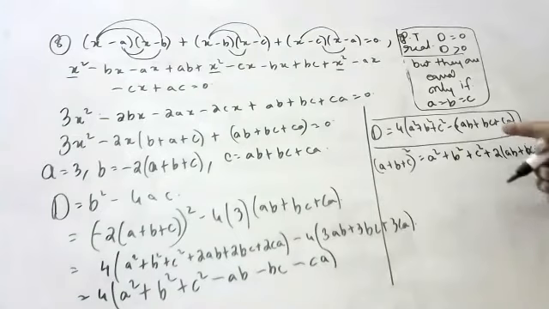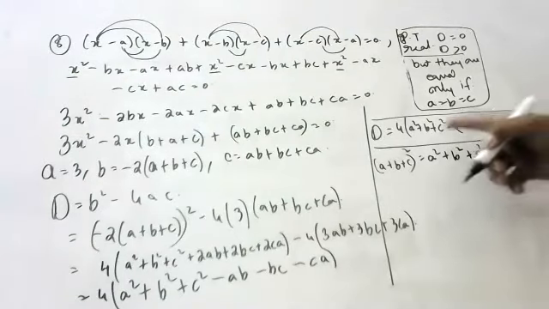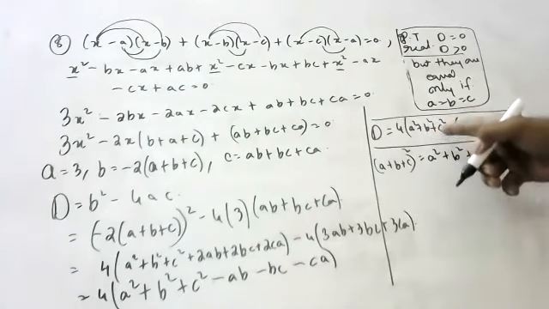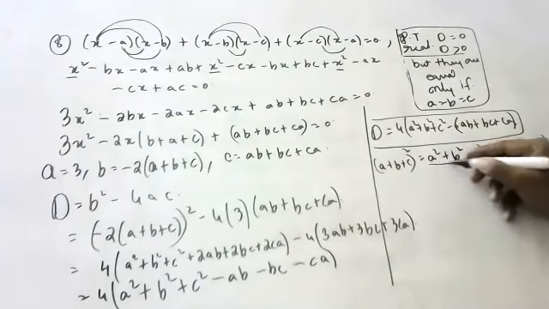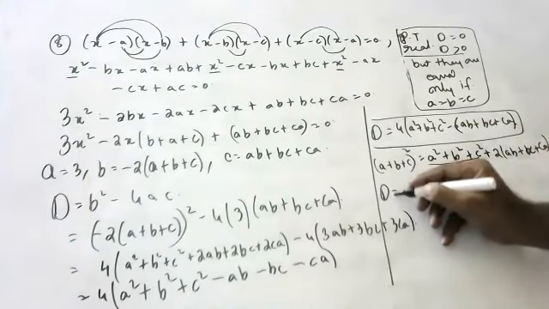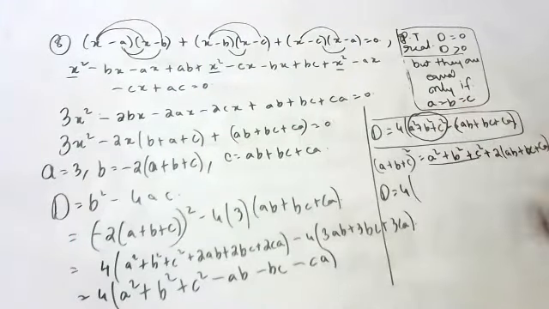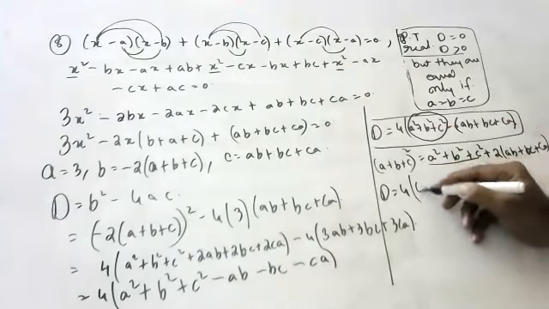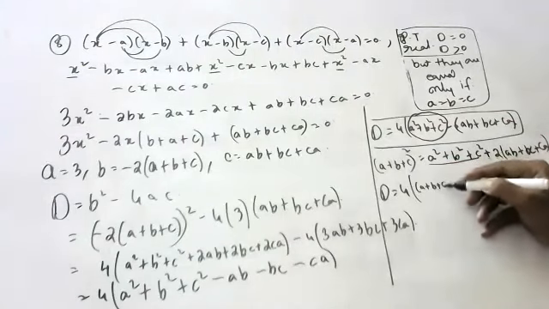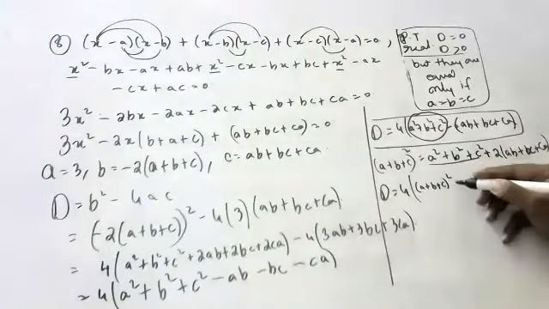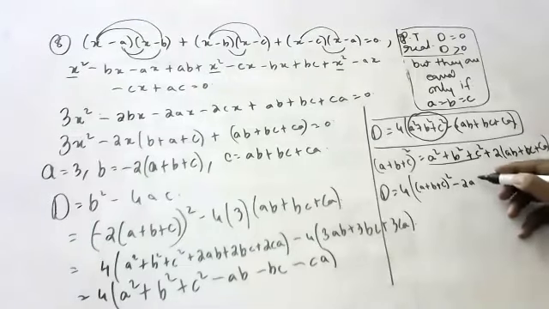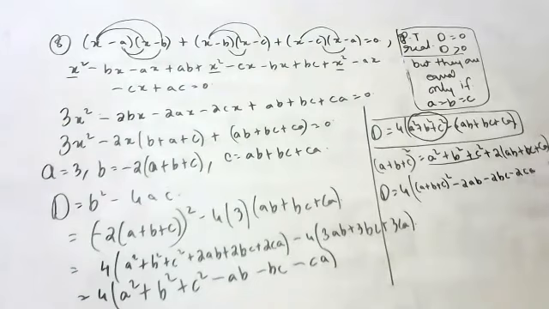So what can I write for a square plus b square plus c square, children? It is (a plus b plus c) whole square minus 2 times (ab plus bc plus ca).